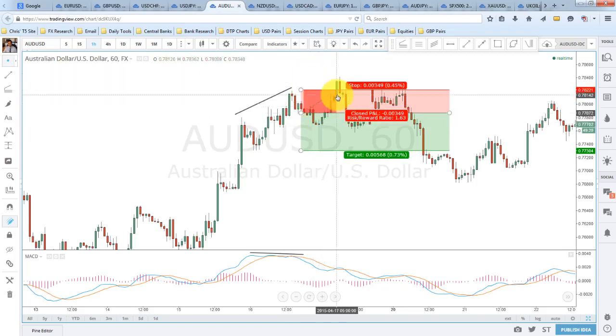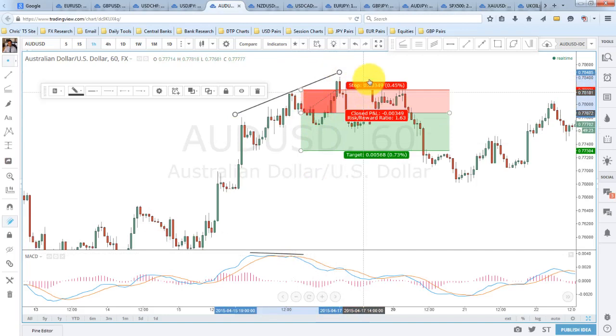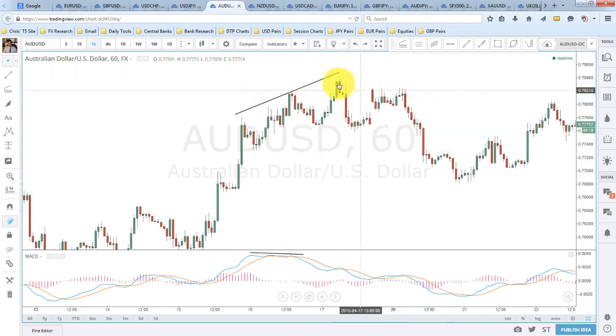More than likely this would have taken a full stop. Okay, but then again, right after that, we had another swing high. We had another very bearish candle develop here. And let's look at the entry from that point. So here was the low of that candle.